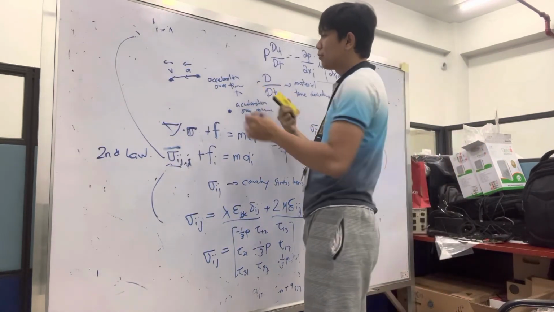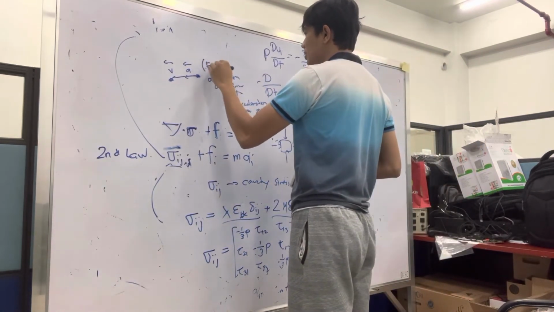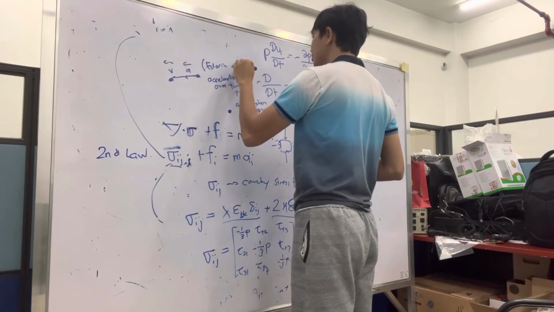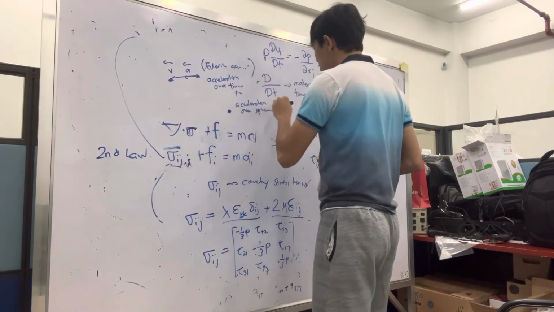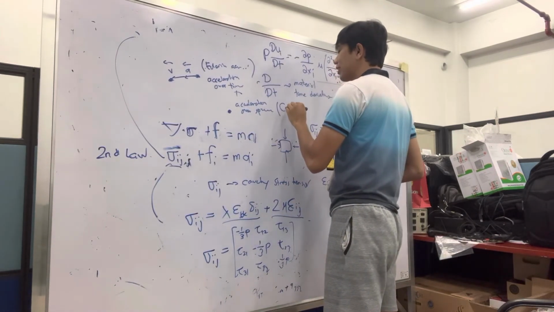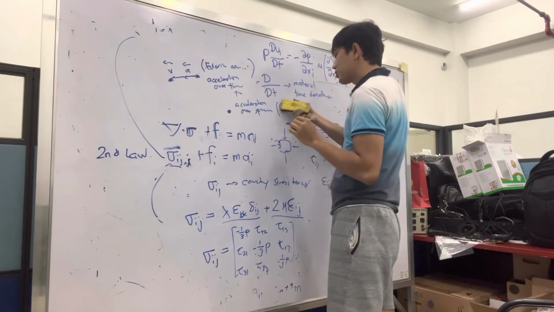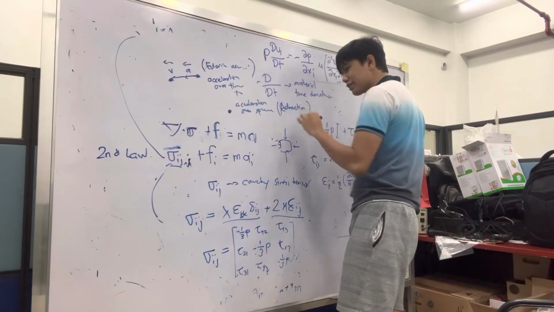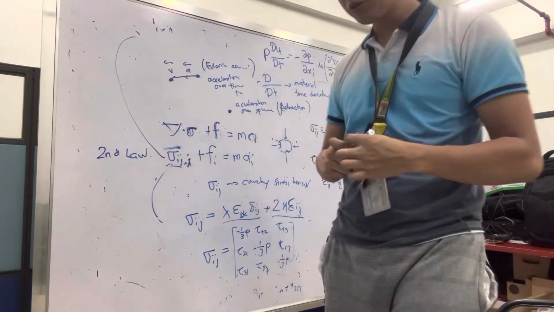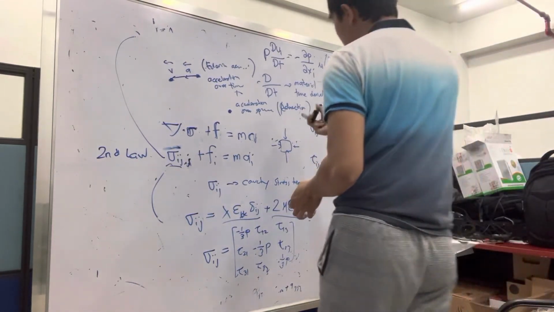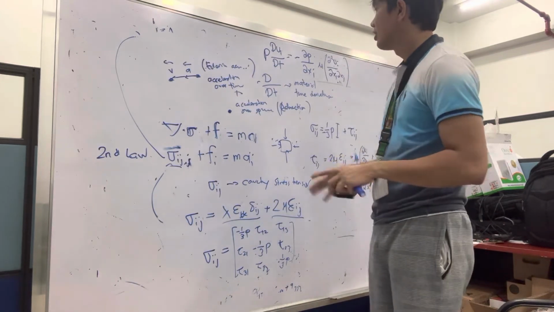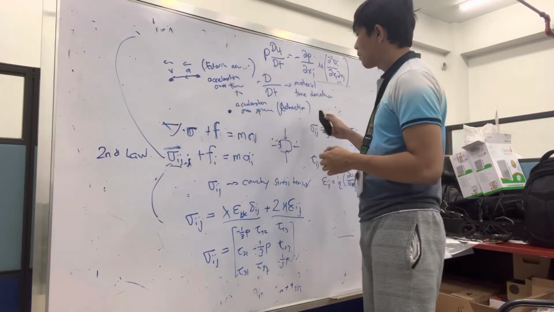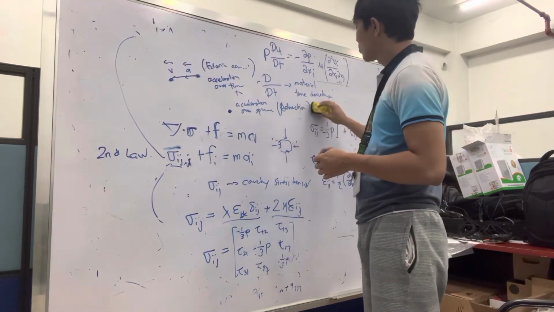And pwede pa natin itong sabihin na this one is Eulerian acceleration. This one here is convection. Or advection actually. Advection. Kasi velocity, vector yung tinatransport mo. Pero kung scalar siya, convection yung tawag.